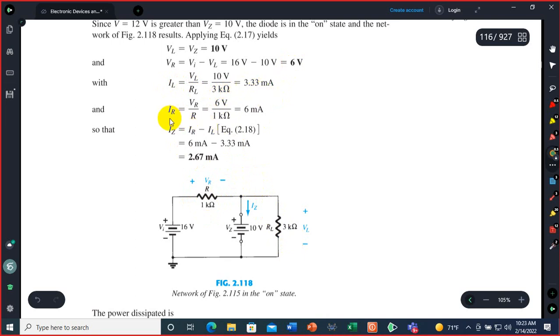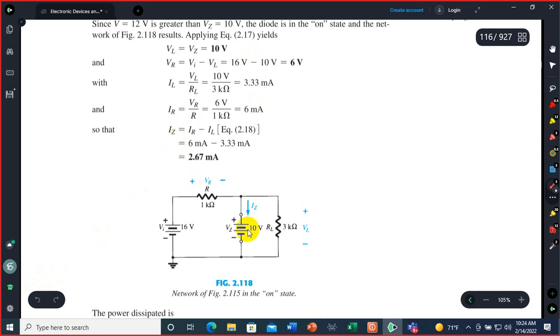And what is the current through the resistance R? VR by R. What is VR? 6 volt drop across this, divided by R, 1 kilo ohm. So this is the current through R, 6 milliampere.